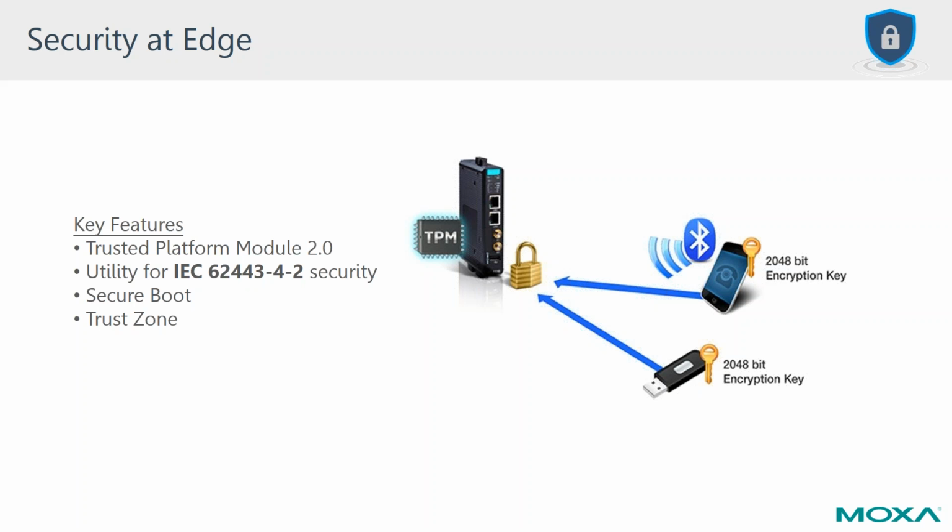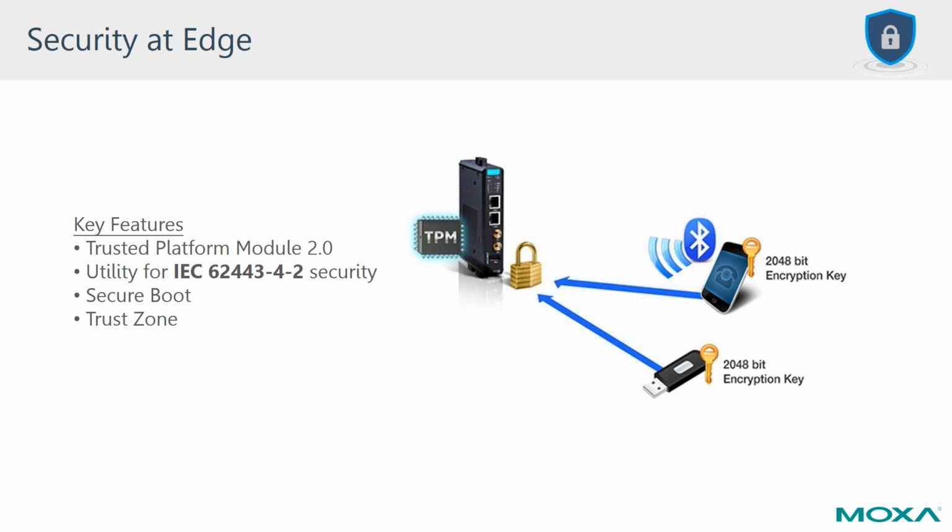physical standpoint, there's things like TPM or Trusted Platform Module. This is a dedicated chip on the board of the computer that handles encryption keys. Moxa has also developed utilities that are based on the IEC 62443 standard, and this is a utility that will look at how you have that Linux environment set up and tell you if it's compatible with the 62443 standard that we're seeing adopted for cybersecurity.